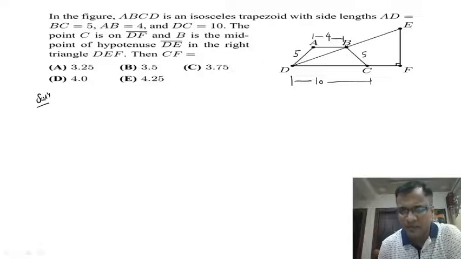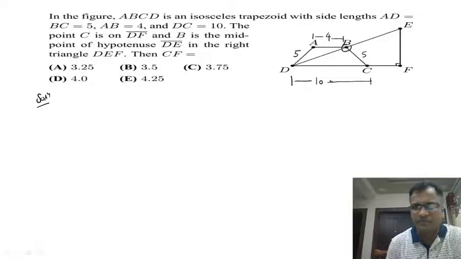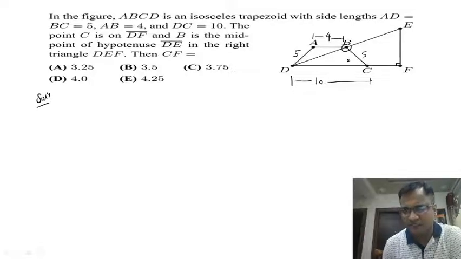And remember one point. B is the midpoint of the hypotenuse ED. So first of all, drop a perpendicular from B to the side FD, and suppose M is the foot of the perpendicular.